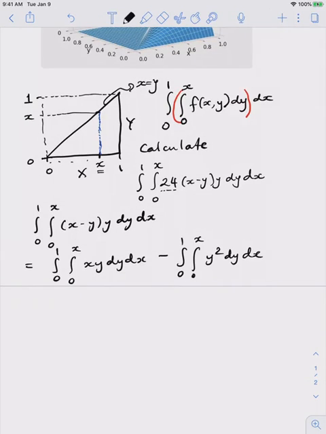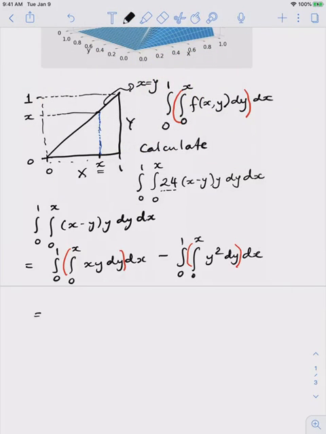Right, so the inner integrals are xy being integrated with respect to y from 0 to x, and then y squared being integrated with respect to y, also from 0 to x.